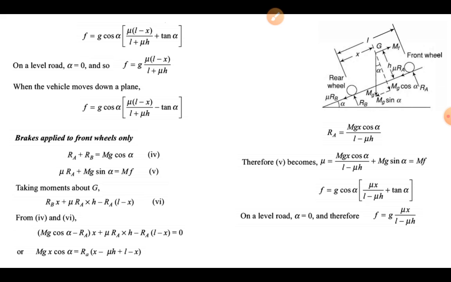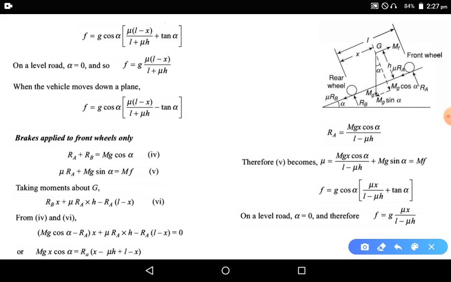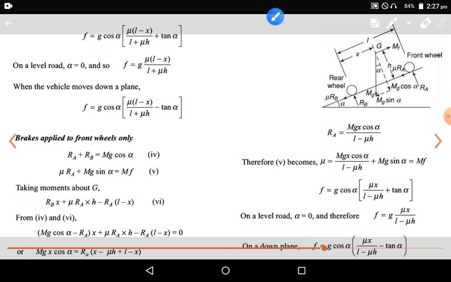In the case when the vehicle is moving on a horizontal plane, the value of retardation will be given by this expression: F is equal to G times mu x divided by L minus mu h, okay. So the change is here, you can see in the previous case it was this expression, and in this case it is this expression, right? So you have to remember all these formulas, okay.